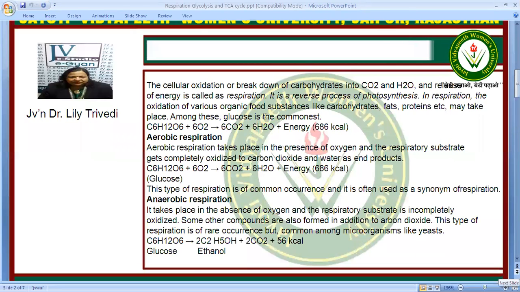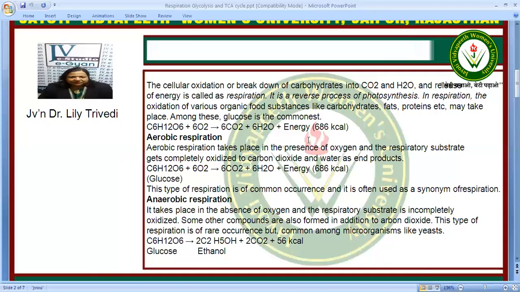Now what is respiration? The cellular oxidation or breakdown of carbohydrates into carbon dioxide and water, and the energy release is called respiration. It is a reverse process of photosynthesis. In respiration, the oxidation of various organic food substances like fat, protein, carbohydrate takes place, and among these, glucose is the commonest.